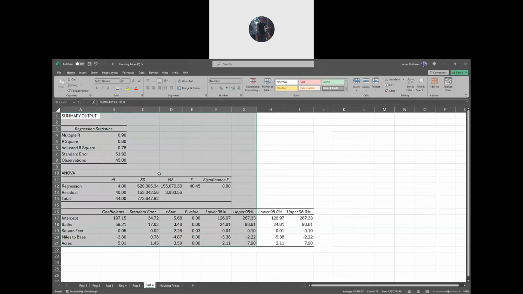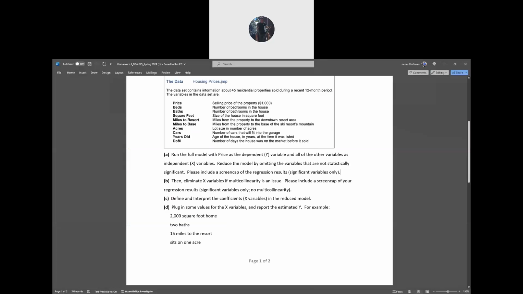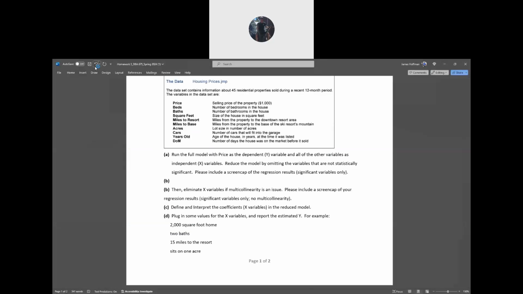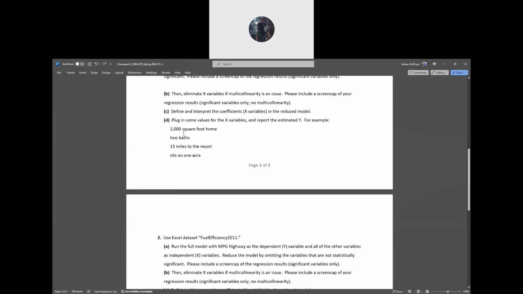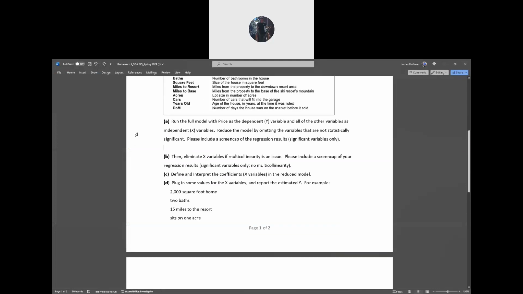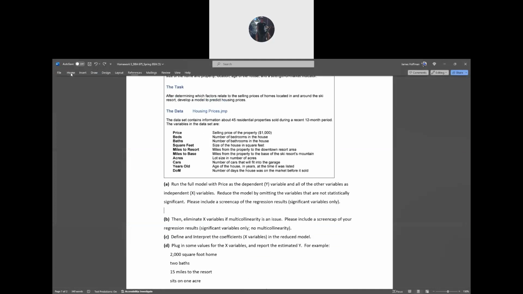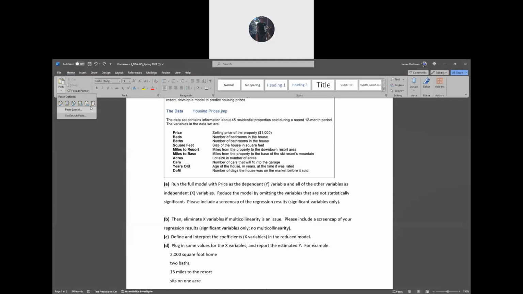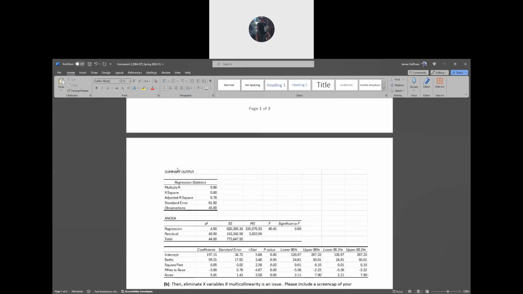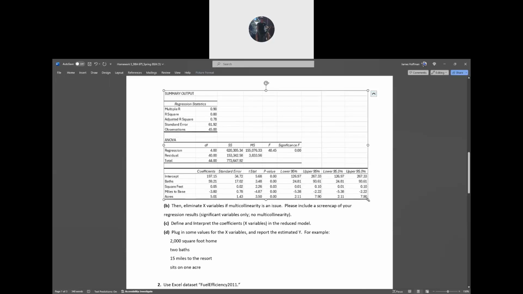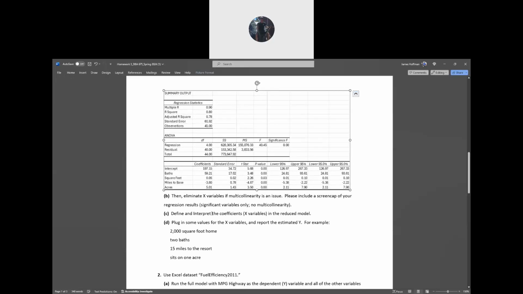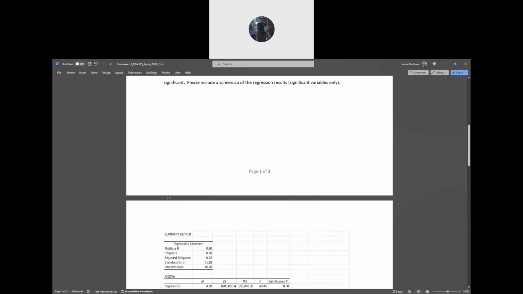So if you want to just select it and copy it, Control C, and then if you paste it as a picture, it's usually better. Home tab, paste as picture, then you can see the results there. So there's your reduced model. That's part A.